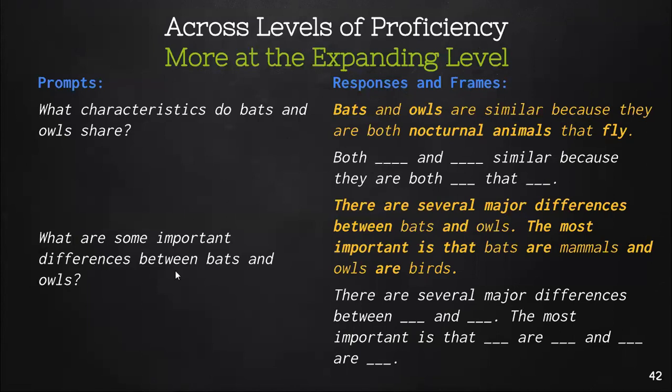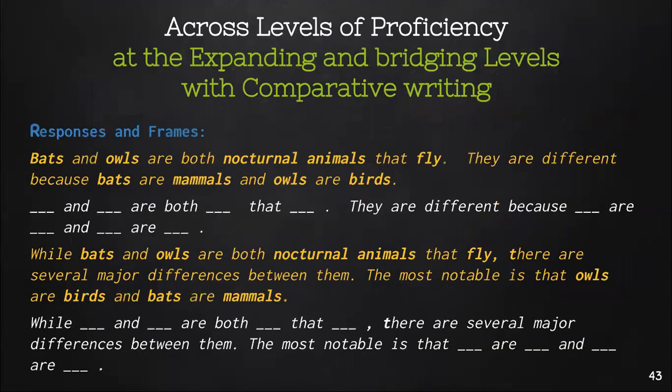And then what are some important differences? Now this one's a little bit more sophisticated in that we're asking them not just to list one, but to select one that they feel is important. And that's a whole different level. So with the expanding and bridging levels, we might actually get to some comparative writing.